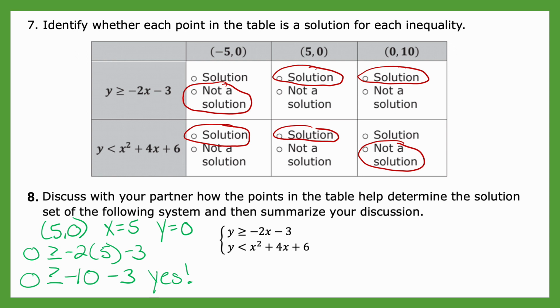Then I can check to see if it would be a solution to the quadratic inequality. So we would have 0 is less than 5 squared plus 4 times 5 plus 6. If this is also true, it's just validating that we already said it was a solution to our system. So this would be 0 is less than 25 plus 20 plus 6. Is that going to be true? Yes.